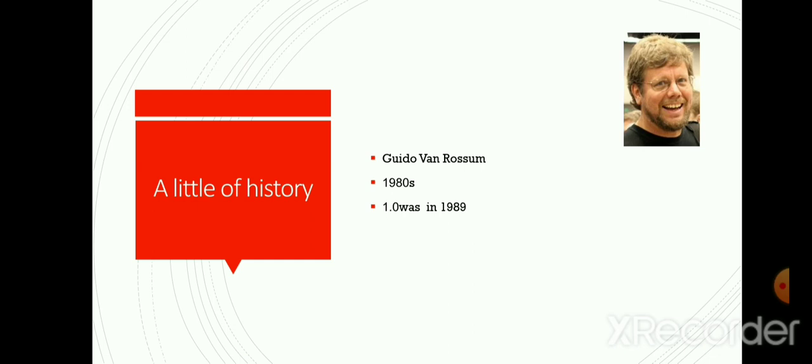Python 2.0 was released in 2000, and the latest major version, 3.0, was released in 2008. And now, in 2022, we are on 3.9.12. This is the latest version of this language.